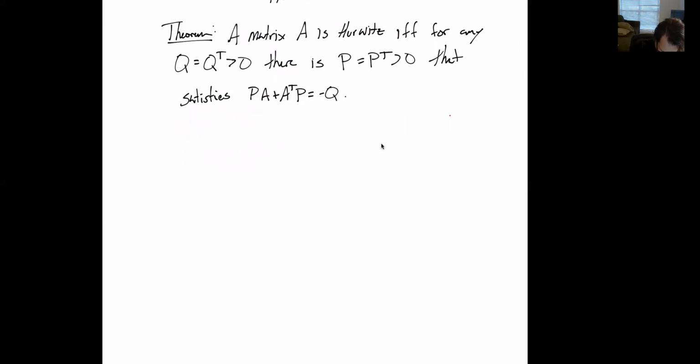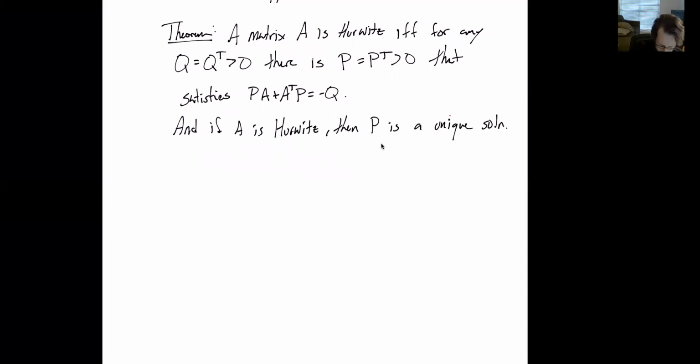And if A is Hurwitz, again, where all the eigenvalues are negative, then P is a unique solution.